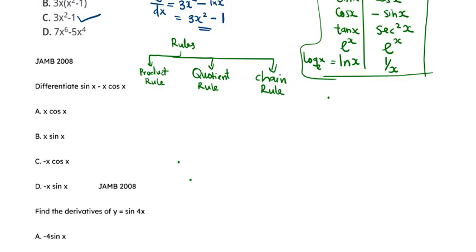When we have a function f of x multiplying another function g of x, we use the product rule. A typical example is x cos x, or 4x multiplying (3x squared plus 8) all raised to power 3. In this case, it is a function 4x multiplying another function, (3x squared plus 8) all raised to power 3, so the product rule is needed.